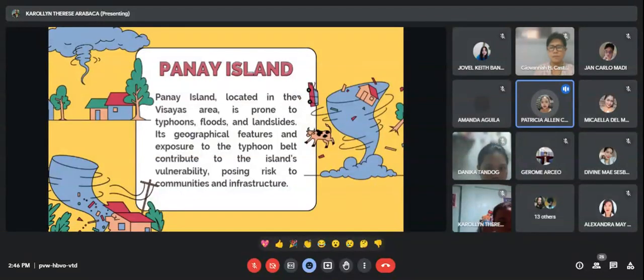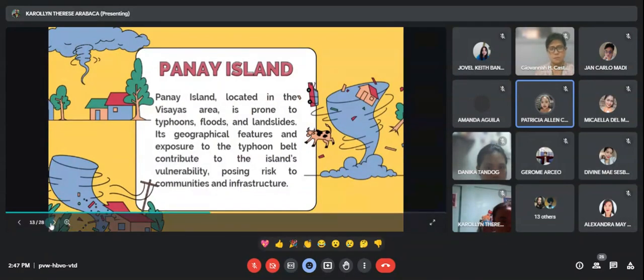Saka dahil nga sa location ng Philippines sa Pacific, ang Panay Island ay maaaring madaanan ng mga bagyo na papasok sa bansa lalo na sa panahon ng tag-ulan. Kaya madalas silang nakakaranas ng bagyo, malalakas na hangin, na nagdudulot ng pagkasira ng mga ari-arian nila, pagbaha, at iba pa na mga storm-related disasters such as po yung earthquakes. Next.